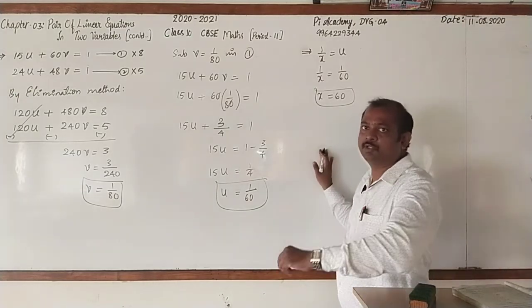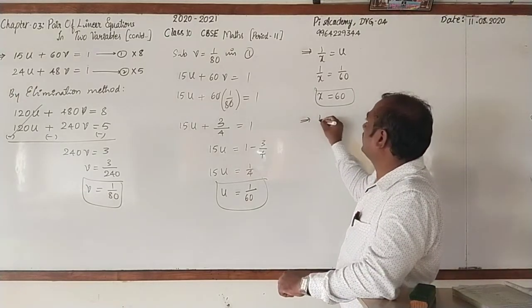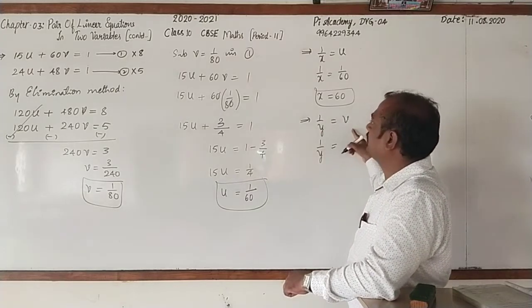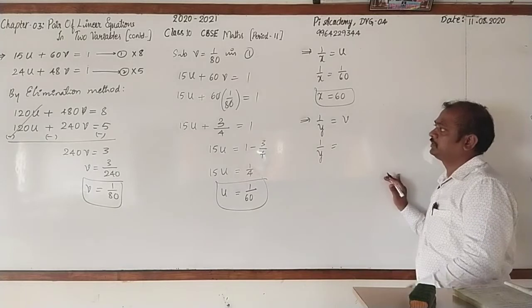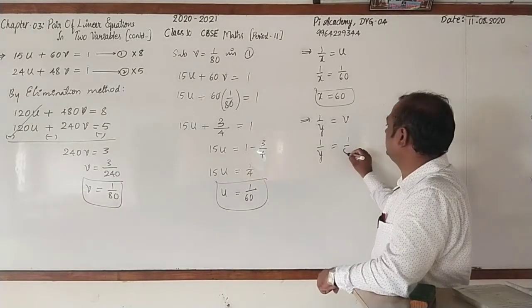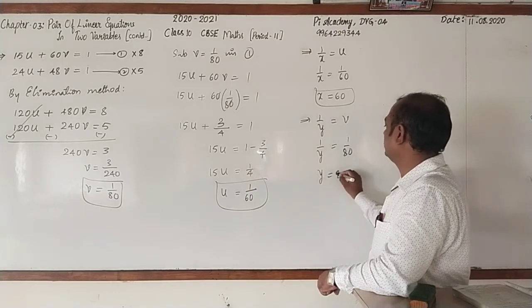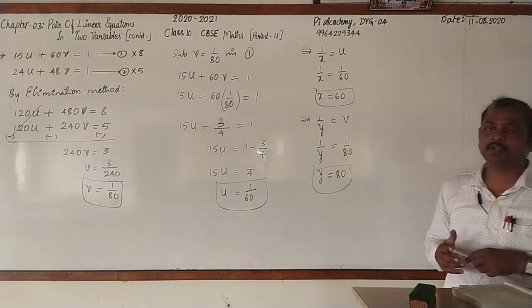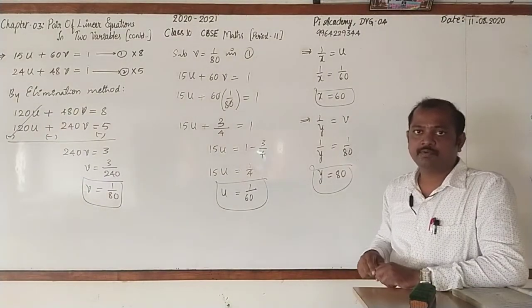Hope that you have written up to here with me. Next one. 1 by y is equal to v, where v is 1 by 80. Then y is equal to 80. What does y indicate? It is the speed of the bus, right?